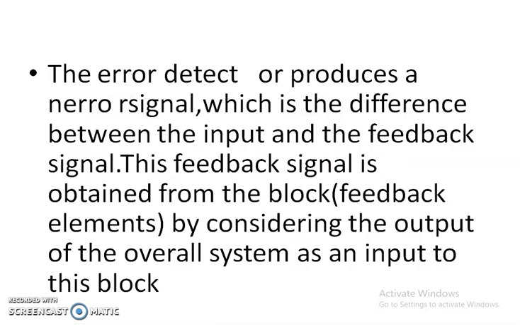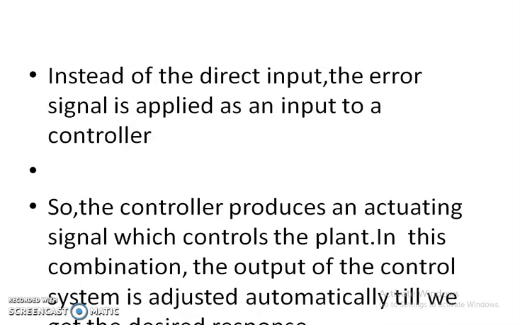The error detector produces an error signal, which is the difference between the input and output signal. This feedback signal is obtained from the block by considering the output of the overall system as an input to the block.